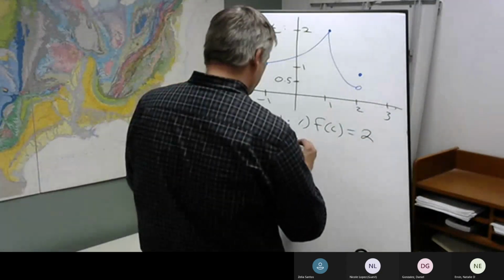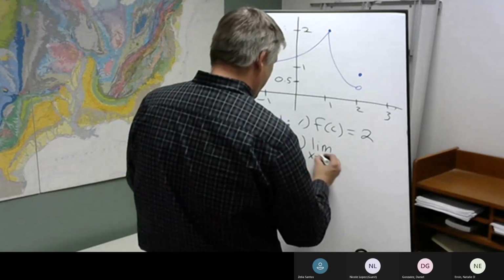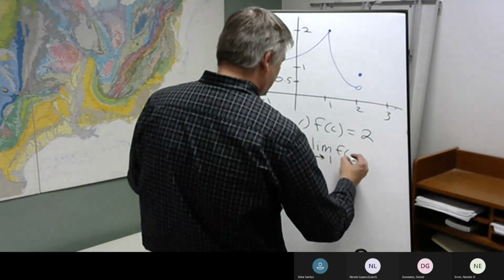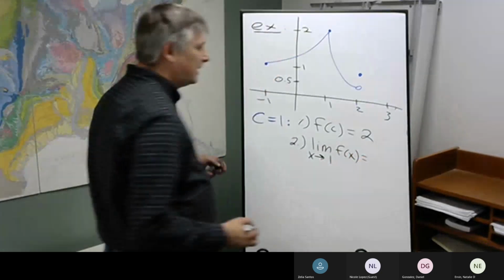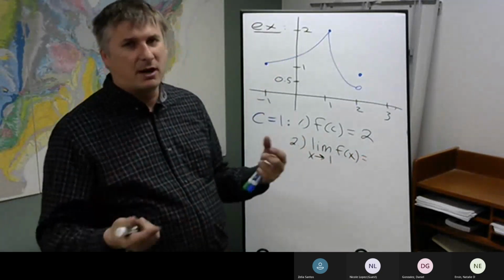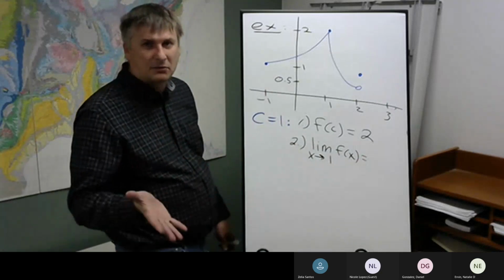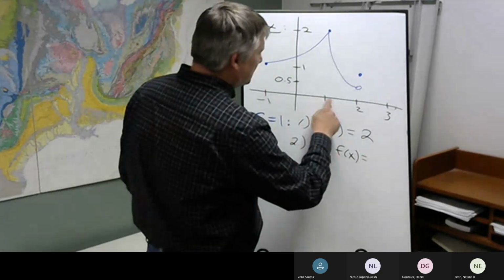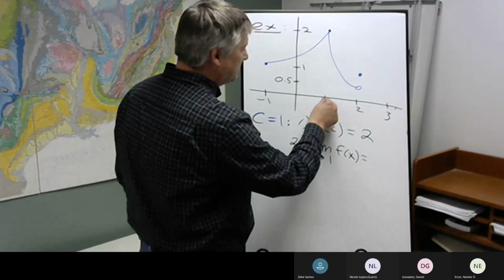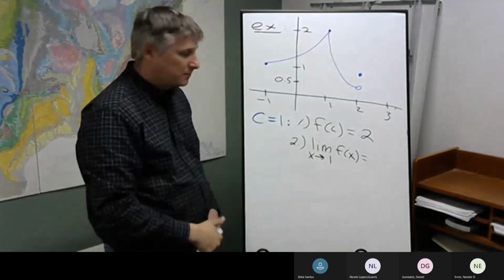Number 2, the limit as x goes to 1 of f of x, and you could get very particular about this. You could say, what's the left side, what's the right side doing? But really, if you want to do it faster, regardless of what side you approach 1, if you're near 1, f of x is near 2.